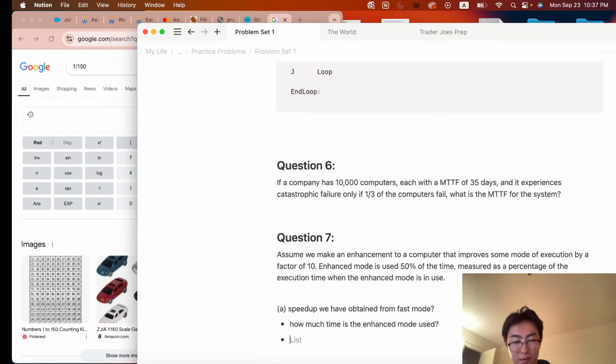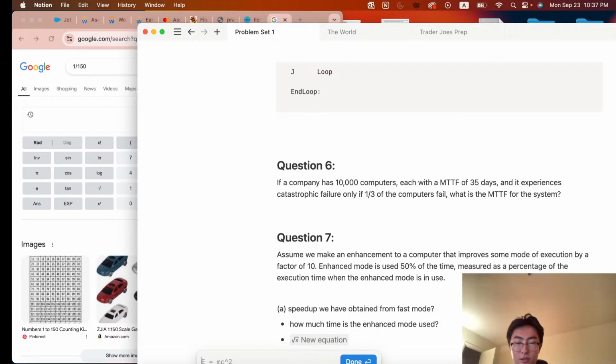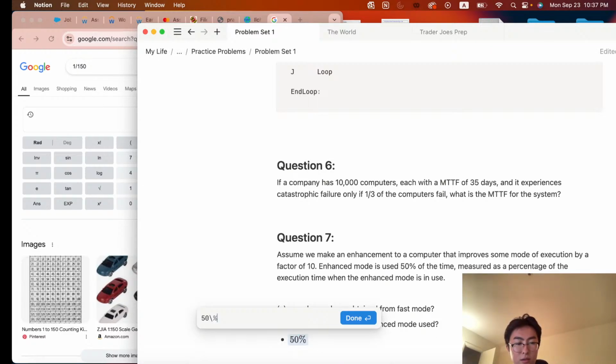All right, I don't know, this wording is weird. Like, I feel like this 50% is equal to, call this enhanced mode use.